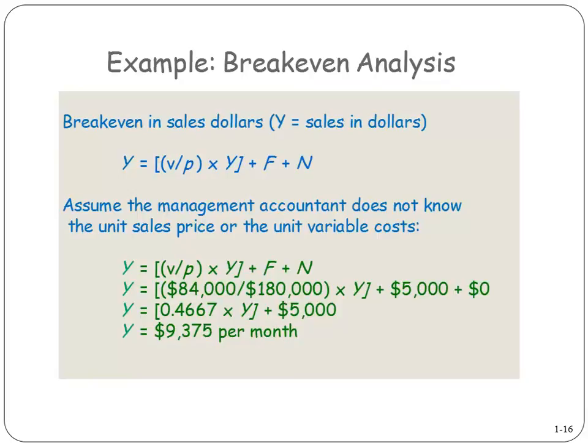Well, this is your variable cost percentage. And you get 9,375 per month.